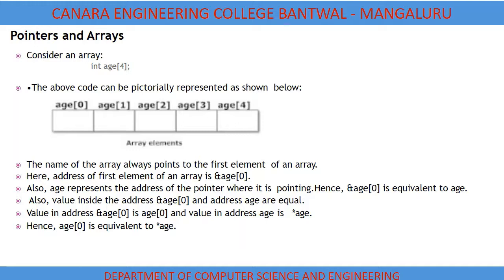The value in the address age is star age. Hence whatever we give in age of 0 is equivalent to star age. If I give star age, it is going to point to the first element data, and if I give age of 0, it is going to point to the same data. We'll illustrate this with an example in the next slide.